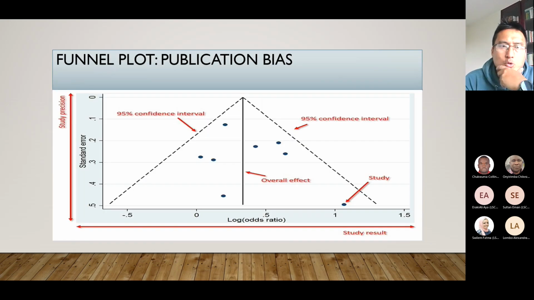Okay, so this is also called a funnel plot to detect publication bias. What is the another name for funnel plot? I think we covered this in the last slide of our last session. Forest plot, yes.